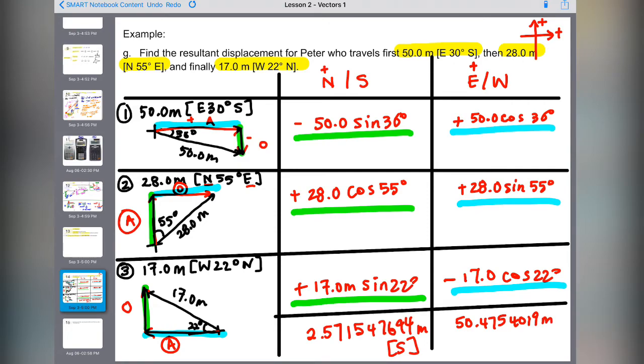And because this is a positive, and we said that positive is east, it is going to the east direction. Okay, so with these two that are done, now I'm going to have to use the Pythagorean theorem and draw a triangle with a 2.57 going south and then a 50.48 going to the east, and then sum it all up.